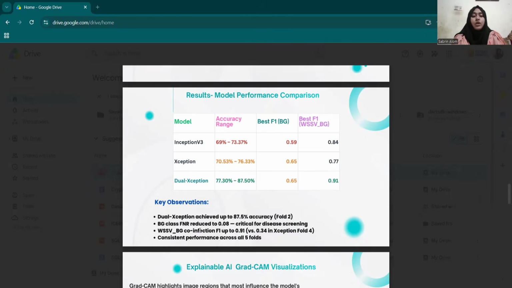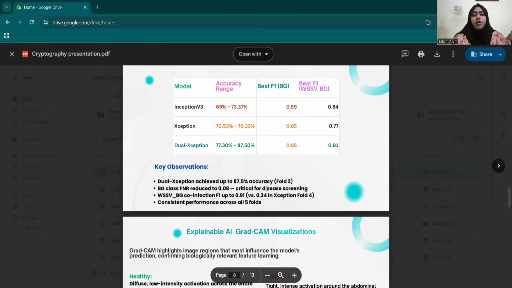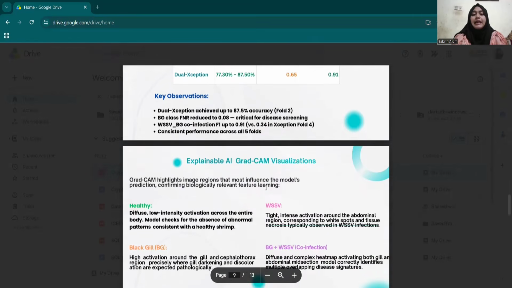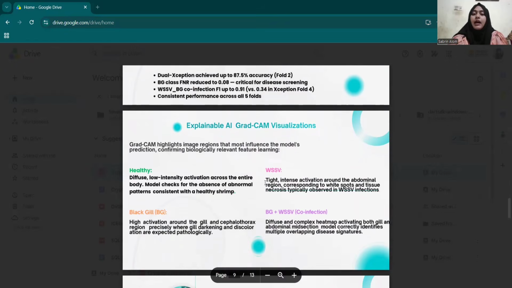WSSB with BZ co-infection F1 up to 0.91 versus 0.31 in Xception fold 4. Consistent performance across all 5 folds. So we jump into our next slide, which is explainable AI, Grad-CAM visualization.